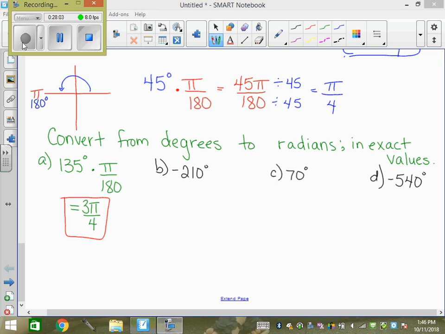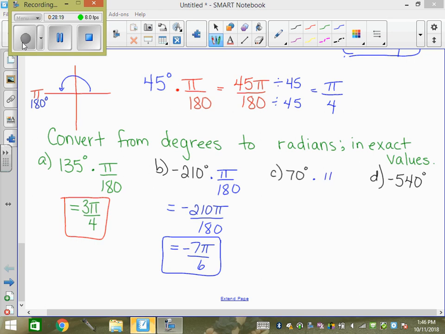For this one, we're going to multiply by pi over 180, which gets you negative 210 pi over 180, which reduces to negative 7 pi over 6. 70 multiplied by pi over 180 gives 70 pi over 180, or 7 pi over 18.